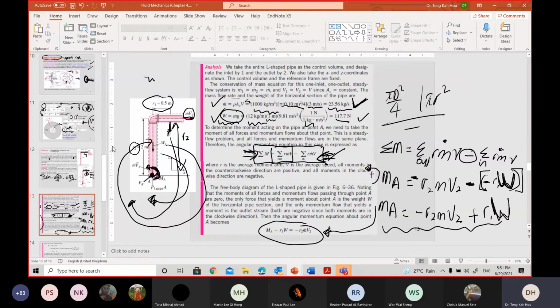I have no issue with that. But in this specific case, my output generation will be negative because it's against the direction of my initial moments. So I put a negative r2 mv2. This is done for my first part. Is that clear until here?